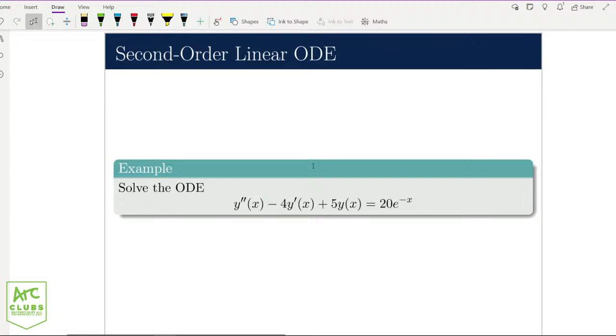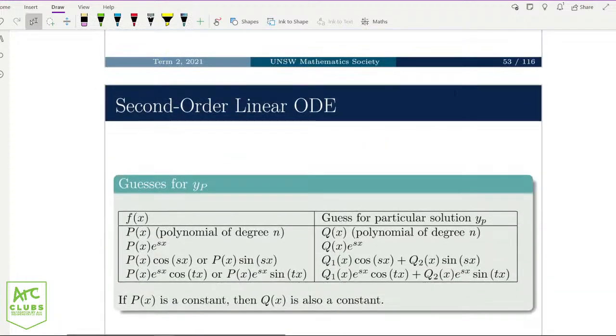So our natural next step is to firstly find the homogeneous solution, and secondly find the particular solution. With the particular solution, because we have this exponential function, we want to guess using our table over here.